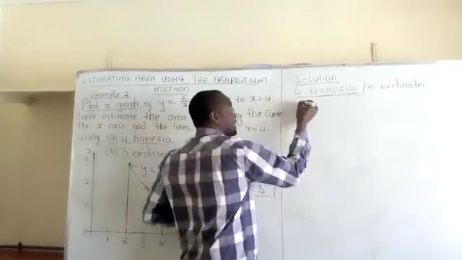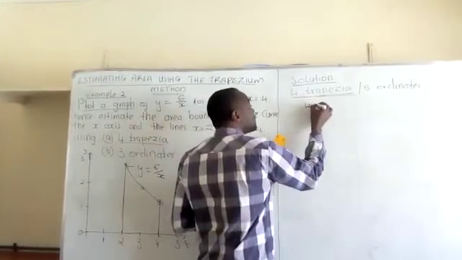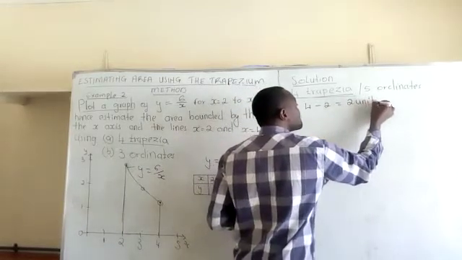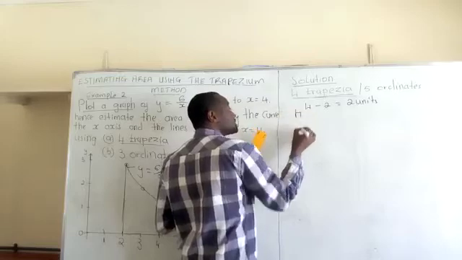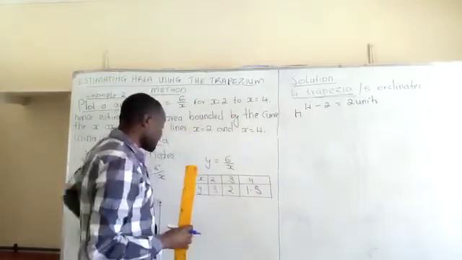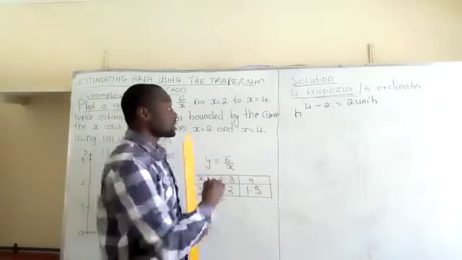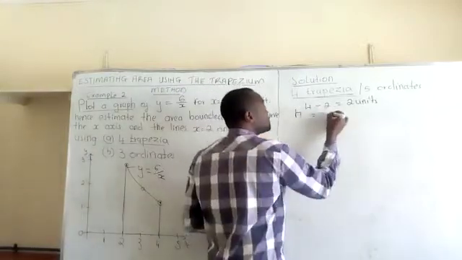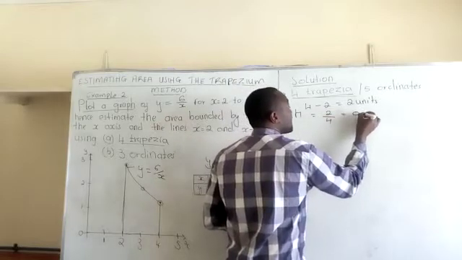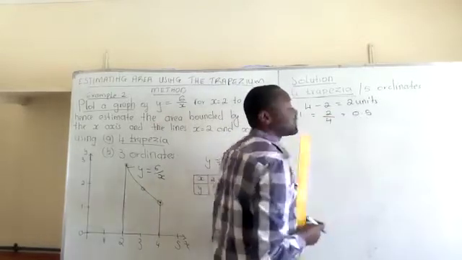Therefore, the length there is 4 minus 2, which is 2 units. So the first thing we need to get is the height of one trapezium. We have 2 units and we need 4 trapeziums. Therefore, we'll have a height of 0.5.